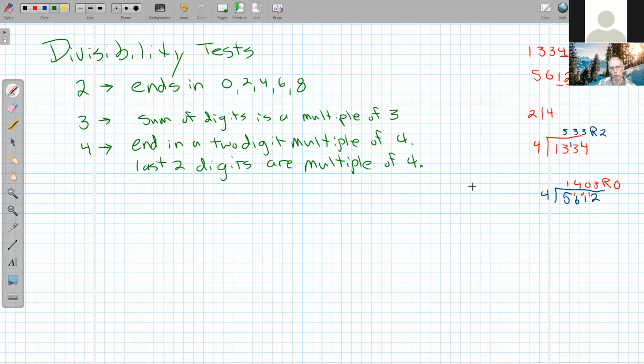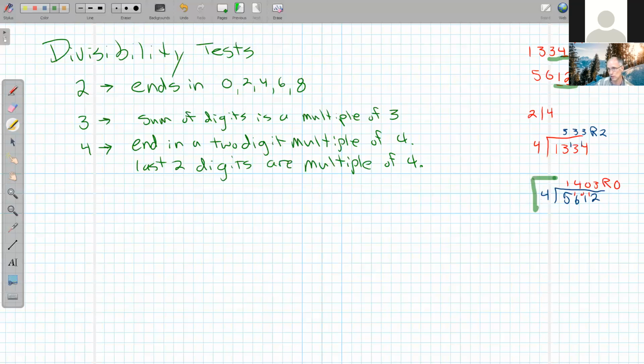Why that works we'll get to in just a sec. So if I look back at the numbers I gave, 4 does not go into 34, so it's not going to go into 1,334. 4 does go into 12, so my claim is that it does go into 5,612.